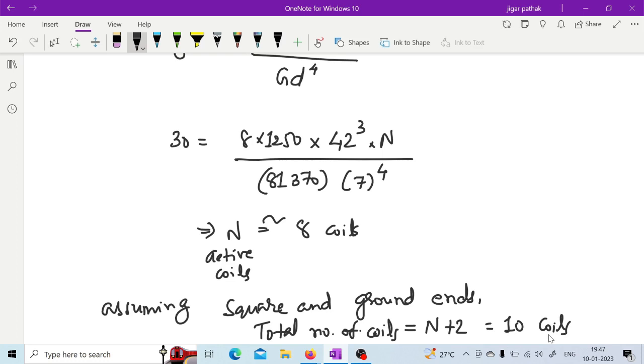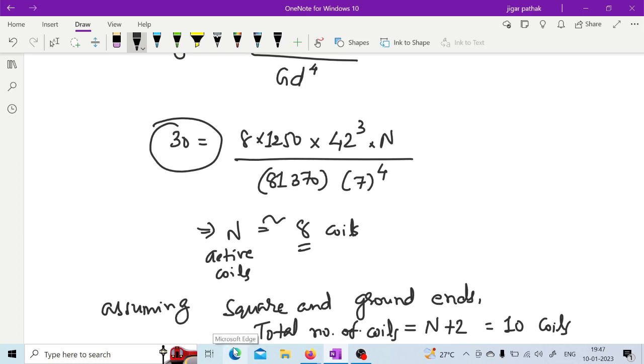Now you are also asked to find the free length of the coil. So how will you proceed with that? See, after considering here 8 coils, your actual deflection will be different. Yes or no?